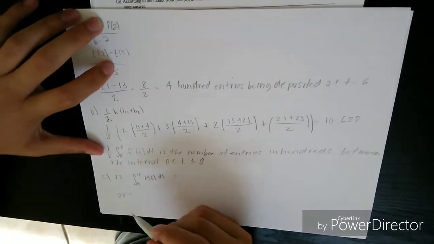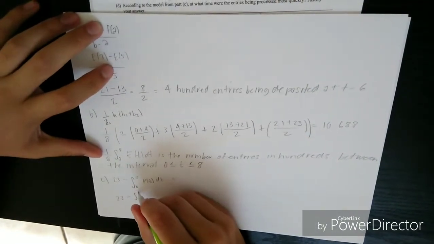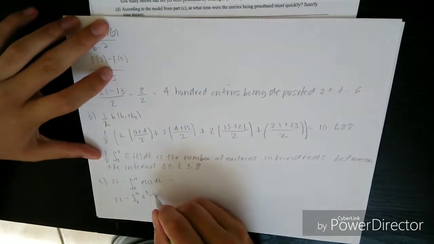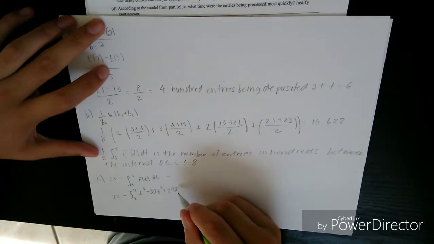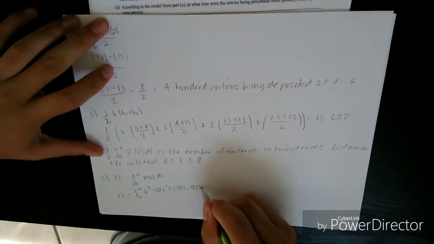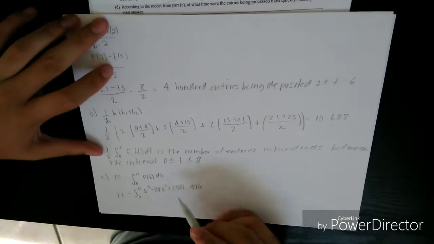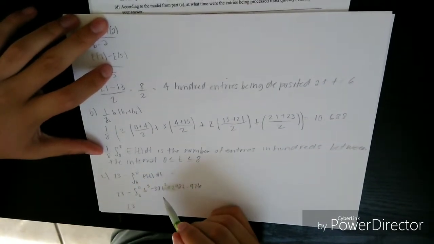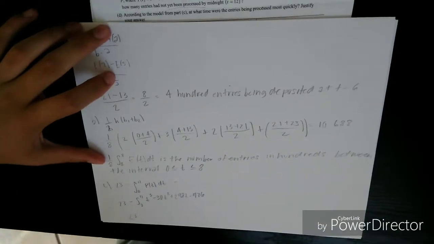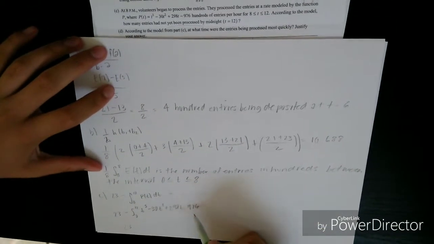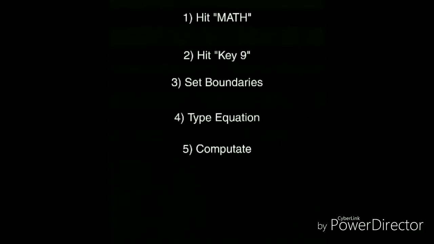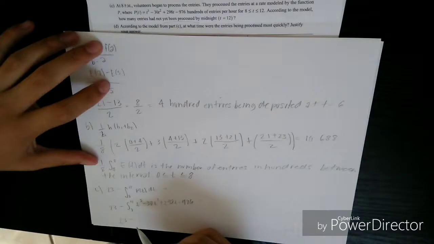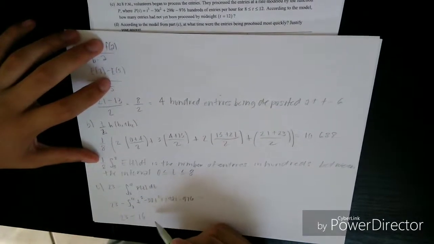So 23 minus the integral of P of t dt, and this is a calculator problem. Just put that into a calculator, with P of t being this function. Once we plug this into our calculator, we are going to figure out that this equals 16.